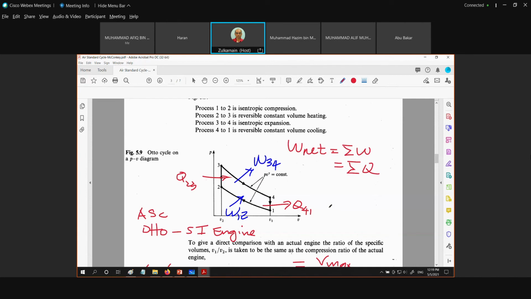And remember, this is based on the air standard cycle, which is the theoretical cycle. For the actual cycle, the maximum we might get is up to 25%, up to 30%. Okay, we will look at that later. The efficiency value depends on the driving condition or the operating condition of the engine.